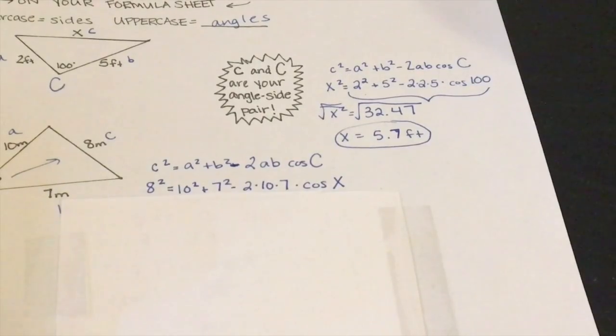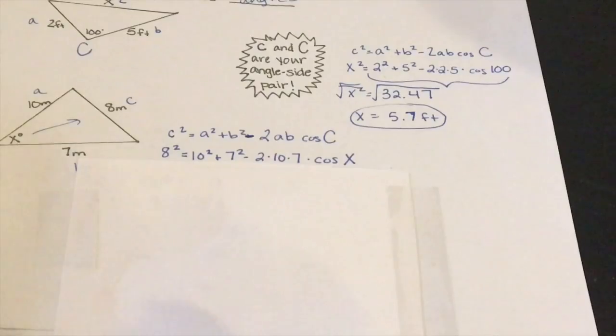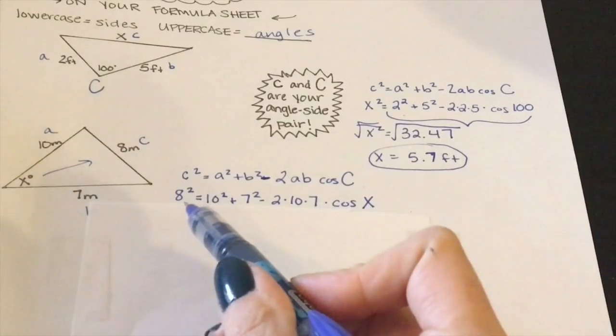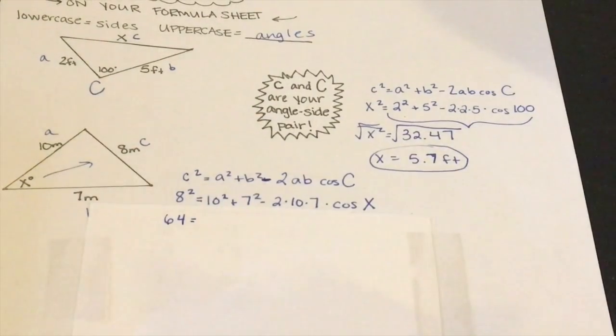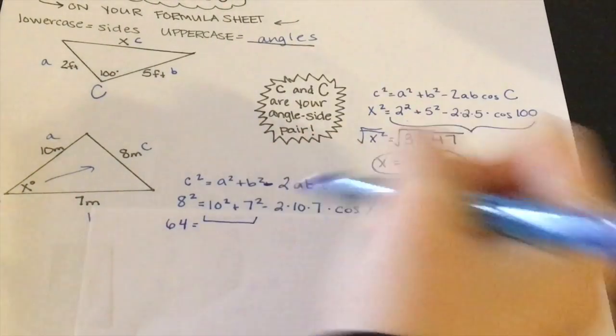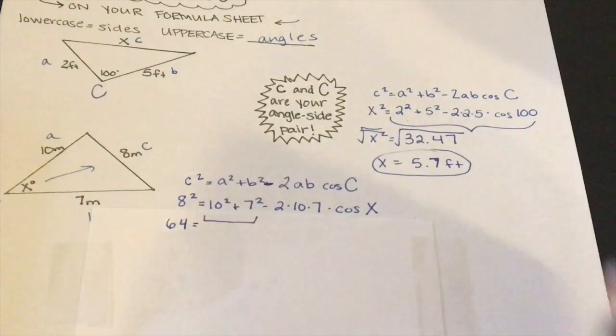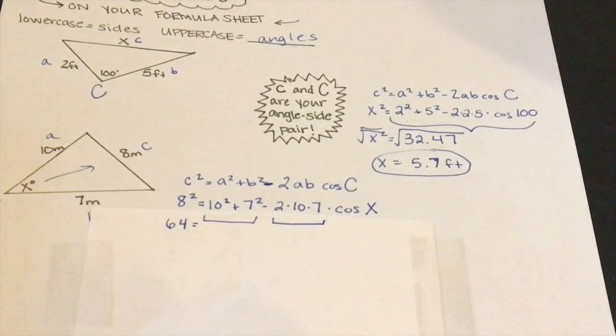Okay, so this next step is really important. I had to tape over the notes that I just took because I did this wrong, and if you do this wrong, your answer will come out wrong. So 8 squared is 64. And keeping order of operations in mind, I have to do this part before the subtraction separate, and that part separate as well.